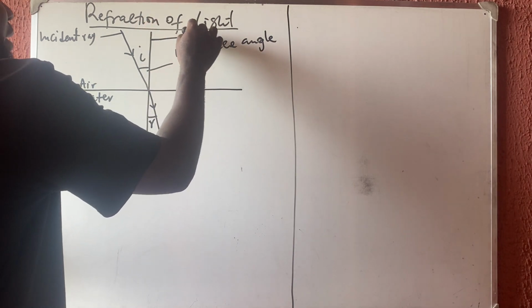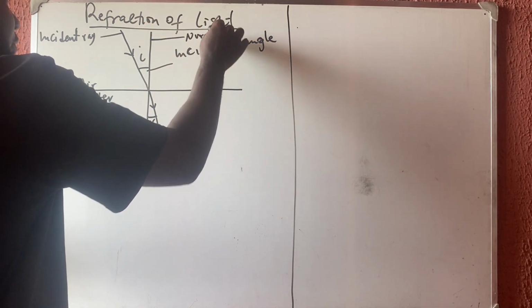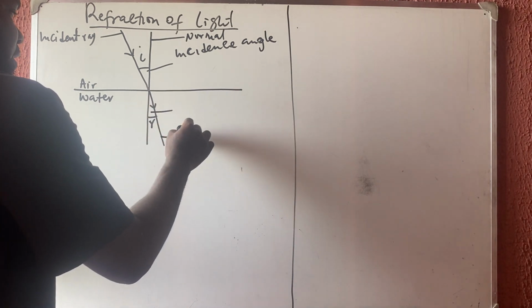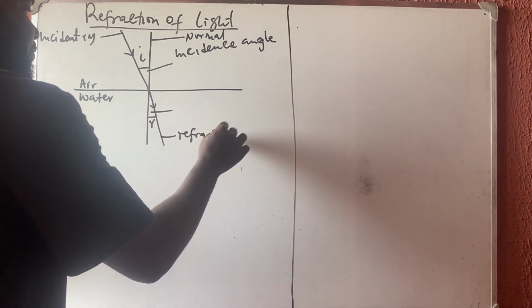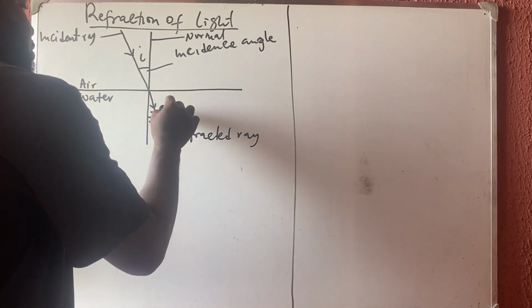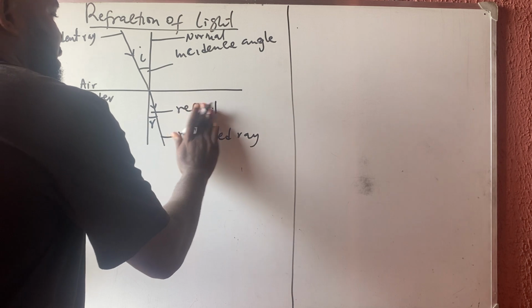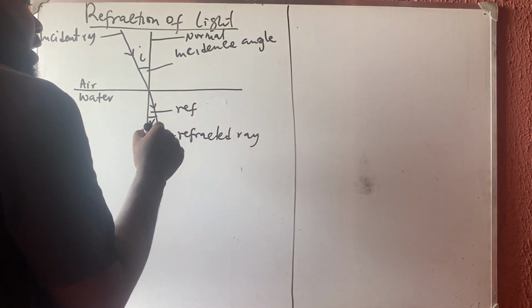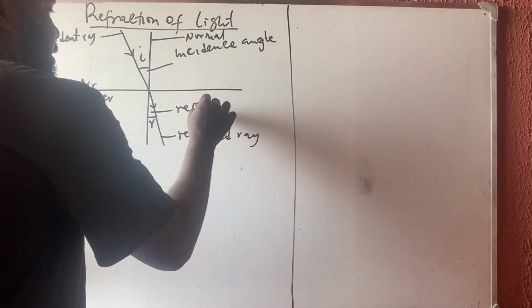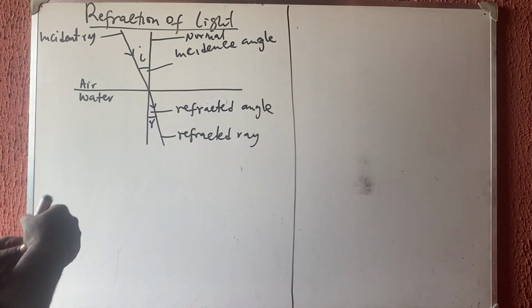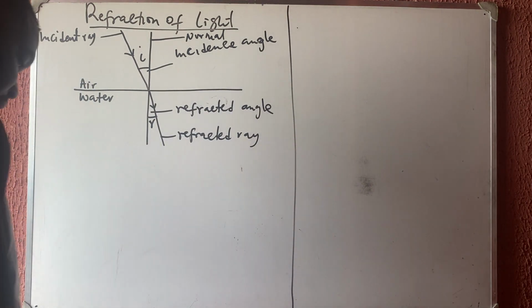Then this is the refracted ray, while this is called the refracted angle, or angle of refraction.